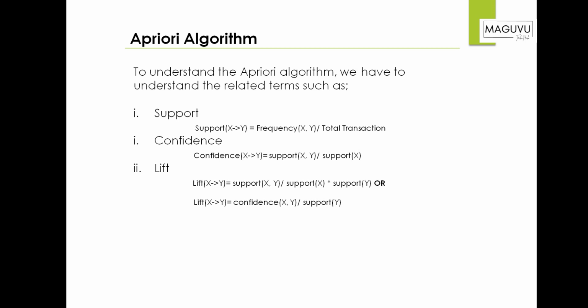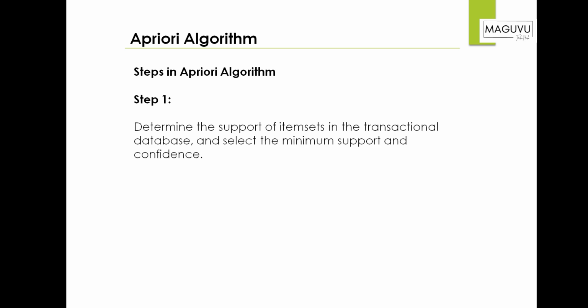Now, let's take a look at the steps of the a priori algorithm. In summary, you would want to identify unique items in a transactional database.